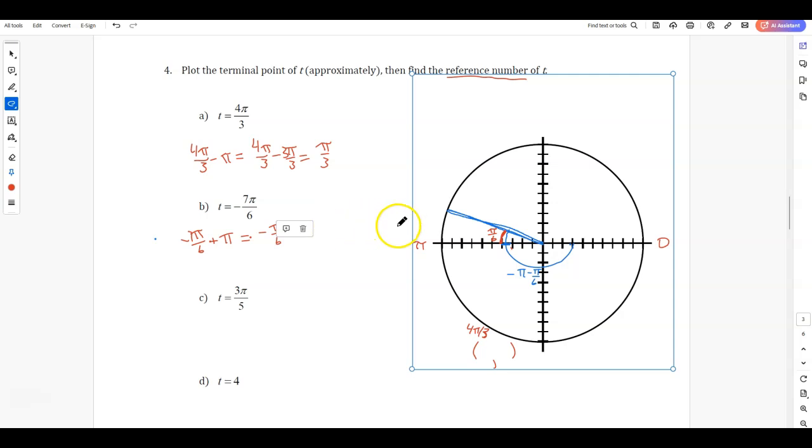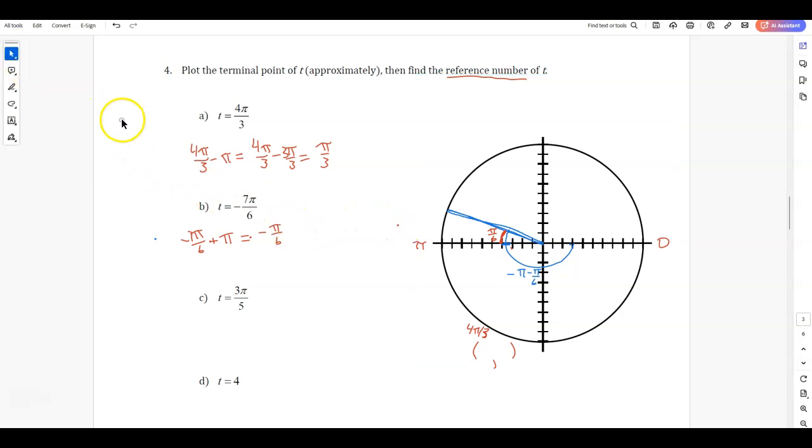So negative pi over 6, right, is what I would keep going. But remember, reference numbers are always positive. So when you declare a reference number, sometimes they'll use this bar notation, like t with a little bar on top.